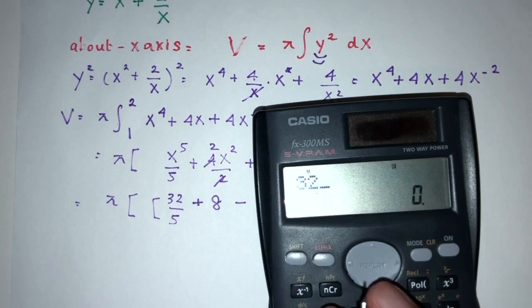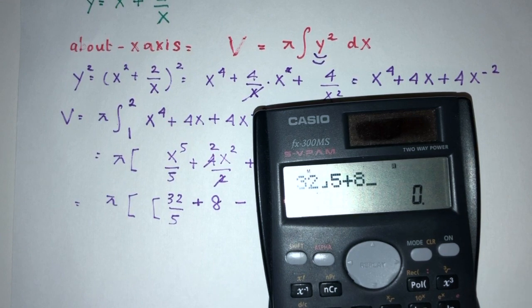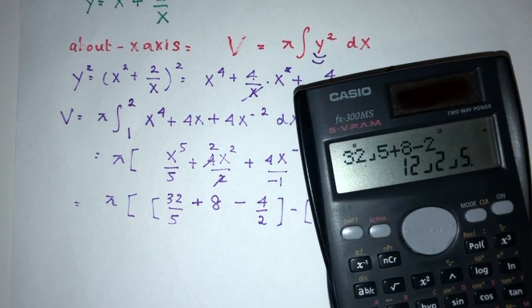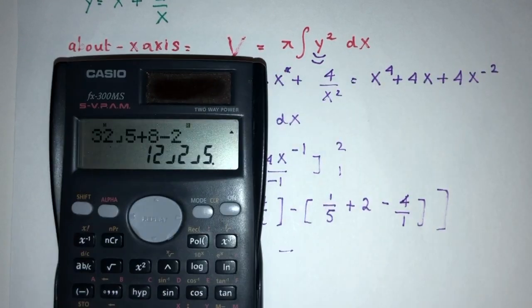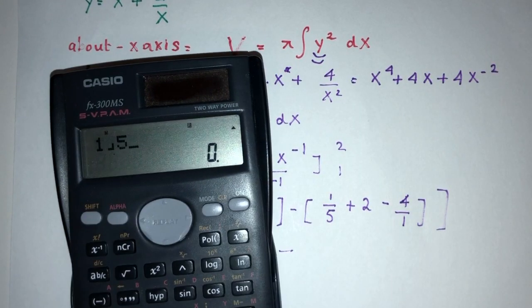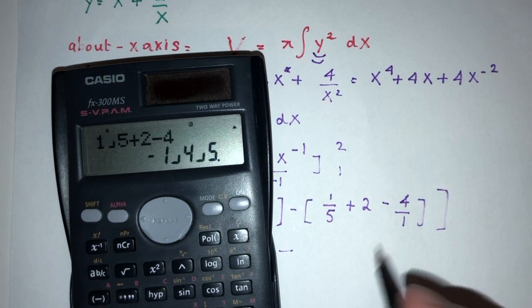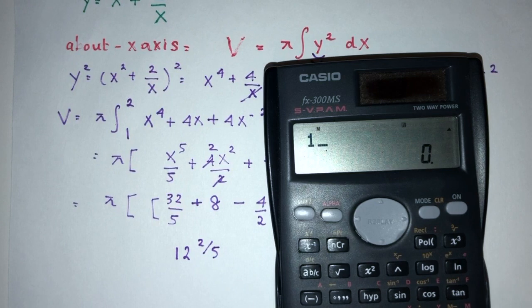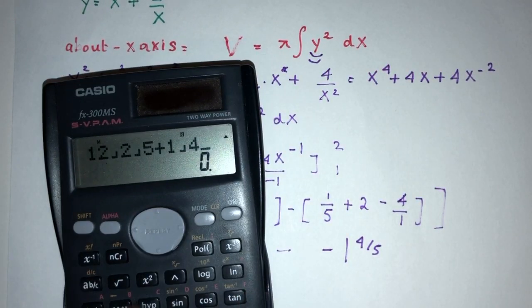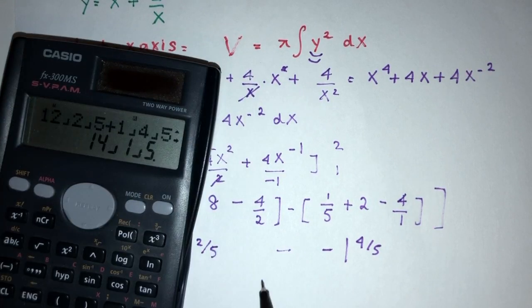So 32 over 5 plus 8 minus 2, that should be 12 and 2 over 5, minus, here we have 1 over 5 plus 2 minus 4, that will be minus 1 and 4/5. So 12 and 2 over 5 plus 1 and 4 over 5. That will be 14 and 1/5.